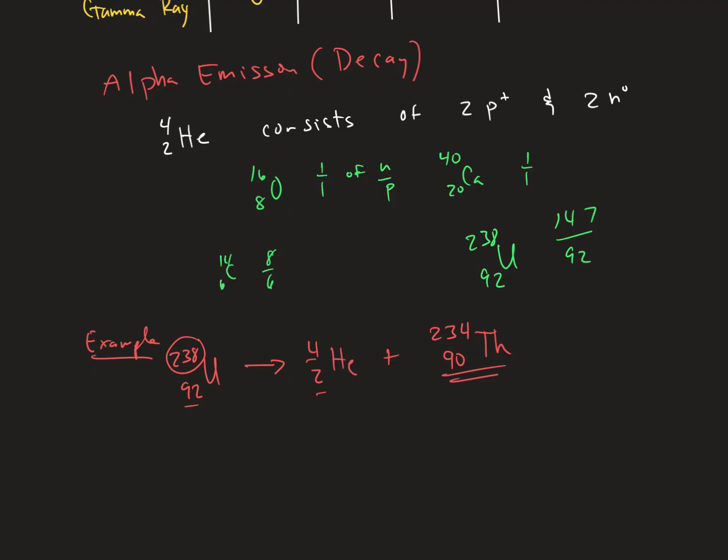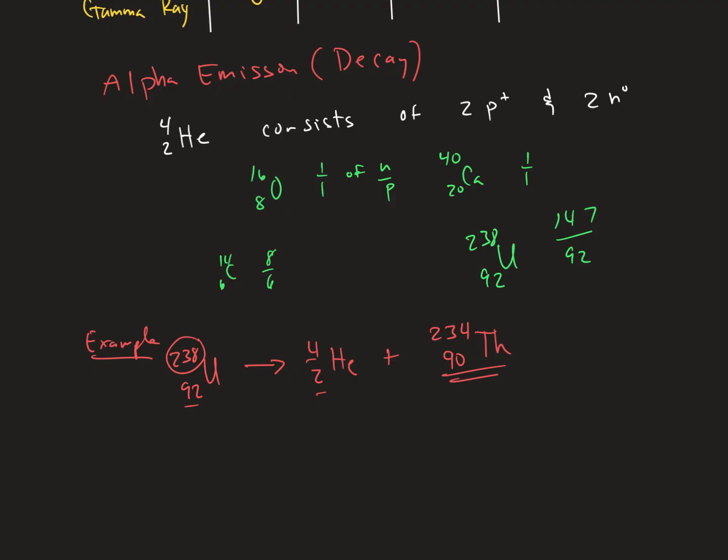Are you going to tell me it's just helium all the way down? This uranium gives up helium and becomes thorium, and then that gives up a helium and becomes something else. It might not give up helium. It might give up a beta particle. For your case, you don't have to know what it gives up.